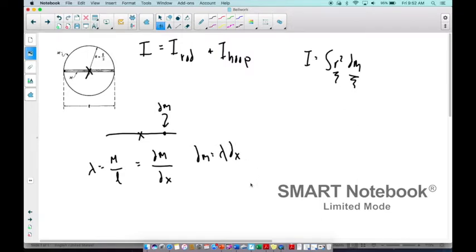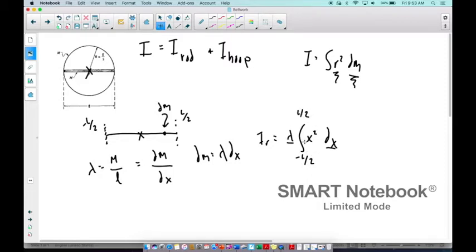And now I'm ready to integrate. I'm basically integrating all these little tiny masses from, maybe you want to call this a length of negative L over 2 to positive L over 2, just like that. So I can say that the I of the rod is going to be equal to, I'm going to pull the lambda out, the integral of x squared dx, where lambda dx is dm, and I'm doing this from negative L over 2 to L over 2.